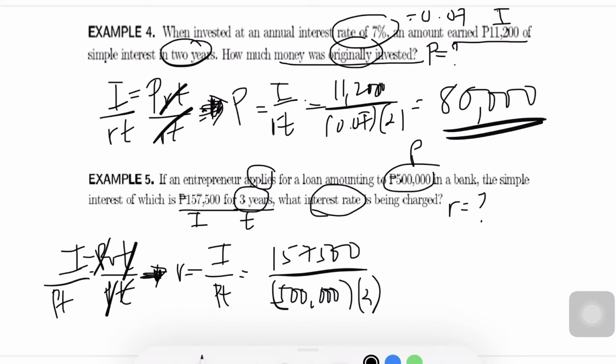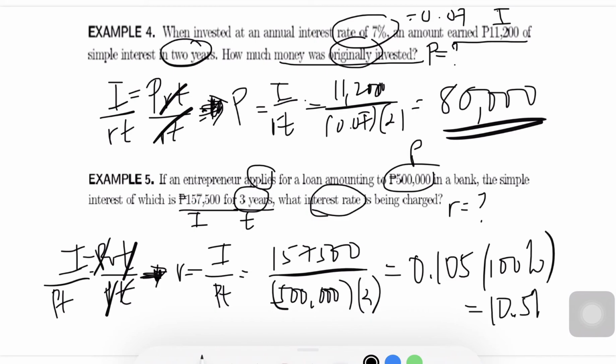Use your calculator, times 3. We have 0.105. Multiply this by 100%. So the interest rate is 10.5%.